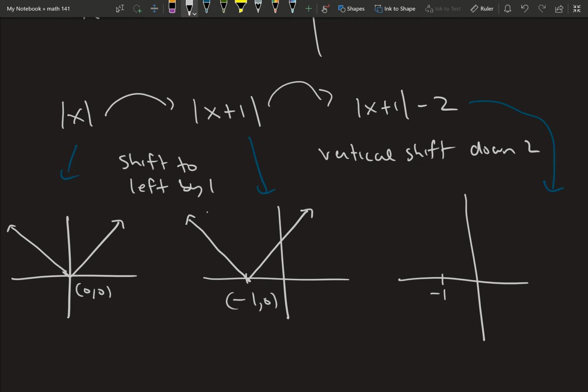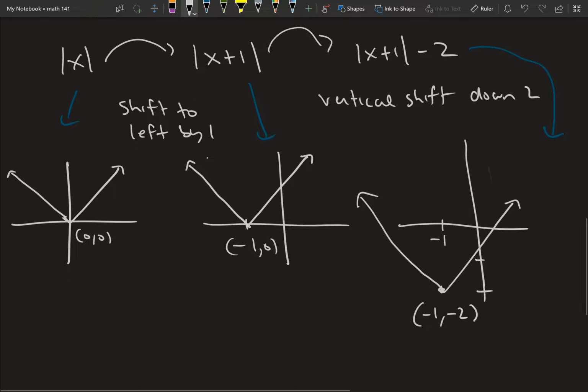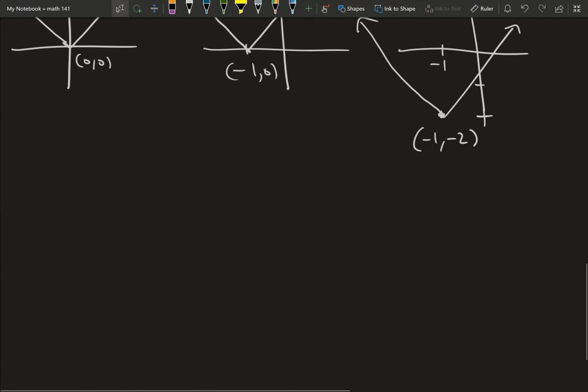So negative 1 and then down by 2. This is point negative 1, negative 2. So this is the procedure for combining multiple shifts. Once you get used to it, you can go directly to the final product. But for now, maybe it's a good idea to do one shift at a time.